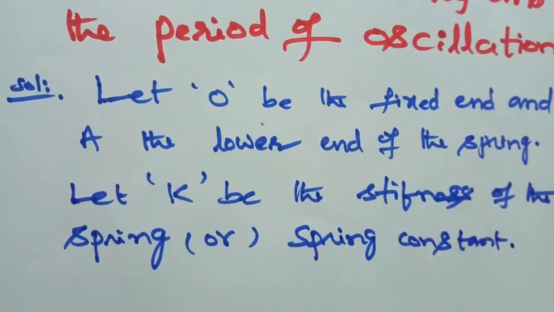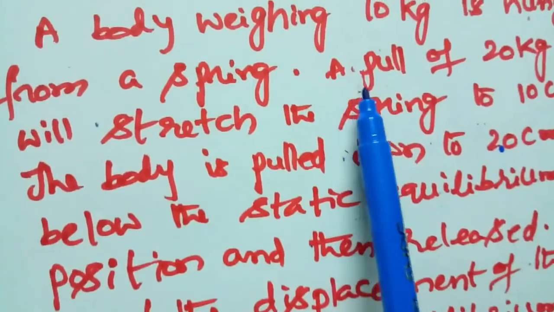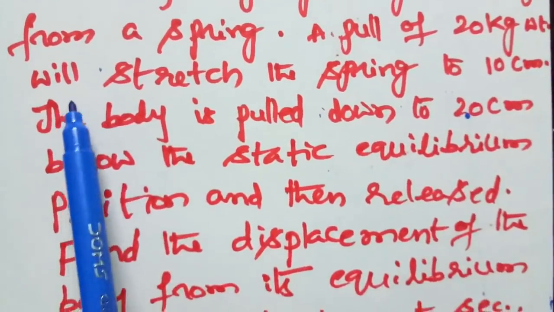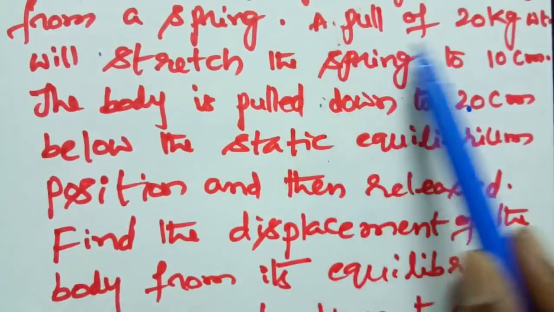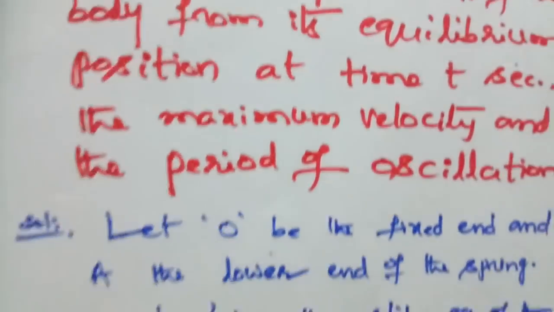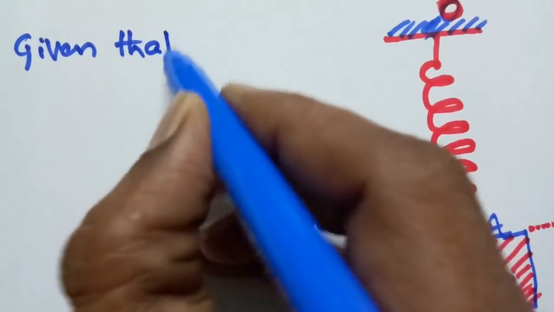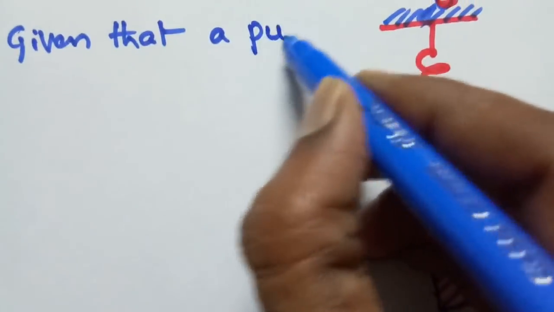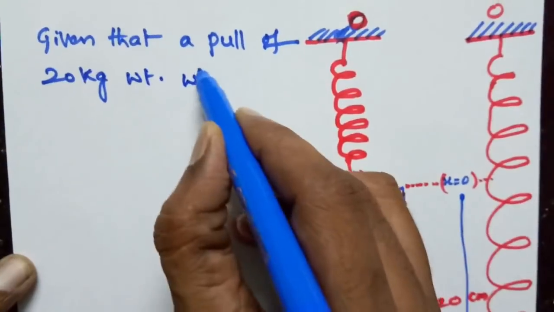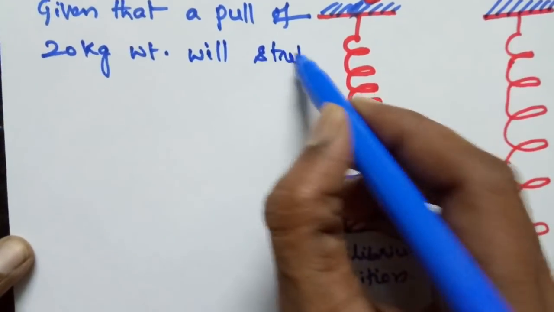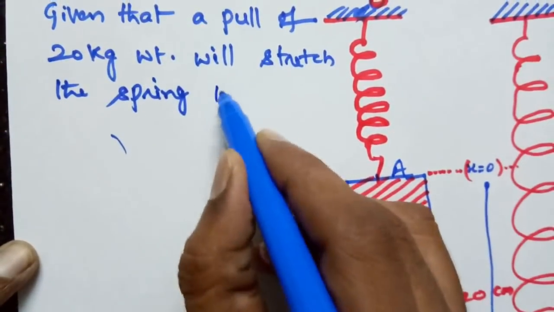To find the spring constant in the problem, we have the data: a pull of 20 kg weight will stretch the spring to 10 centimeters.